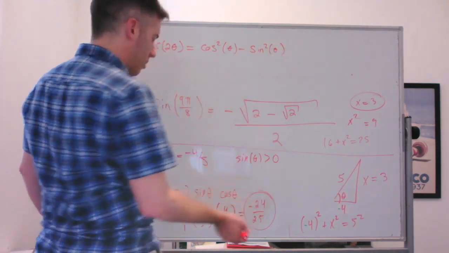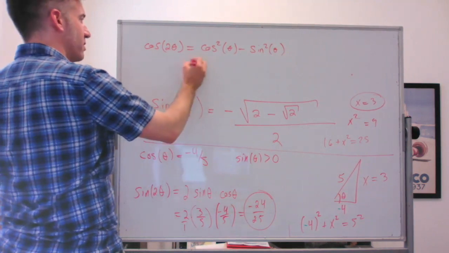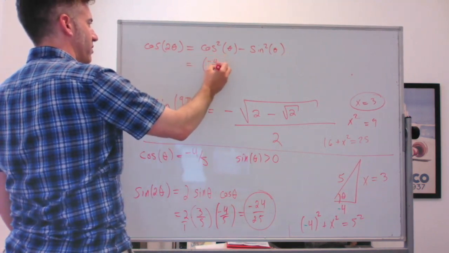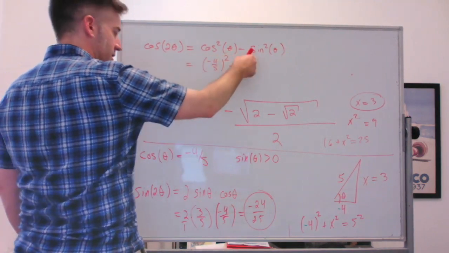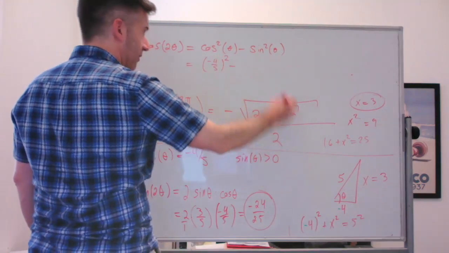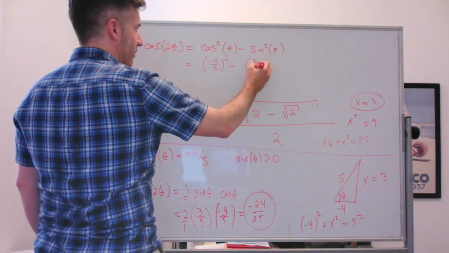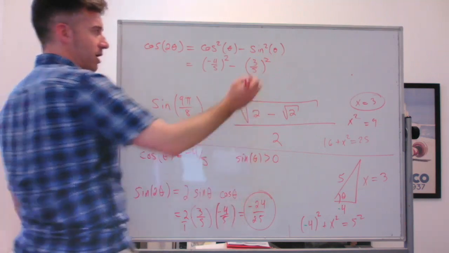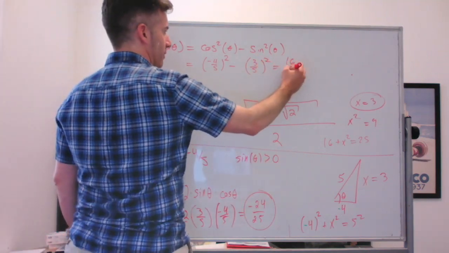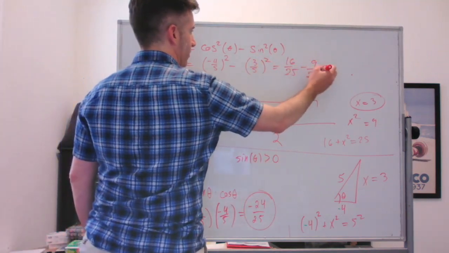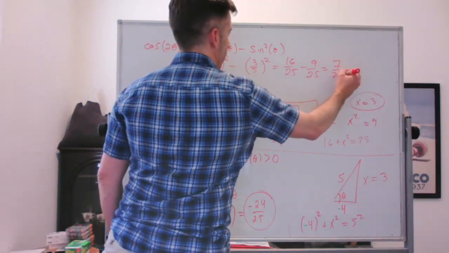So you can say, cosine of theta is -4/5, so that's -4/5 squared, and sine of theta is +3/5, so that's 3/5 squared. And then you can calculate this as 16/25 minus 9/25, which is 7/25.